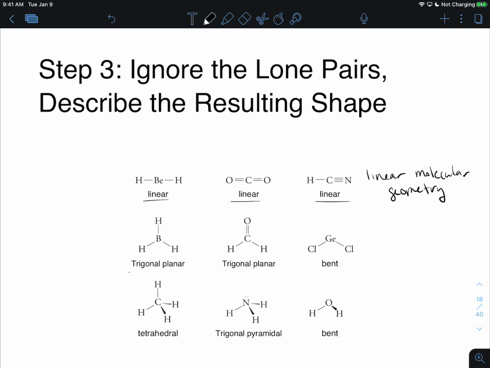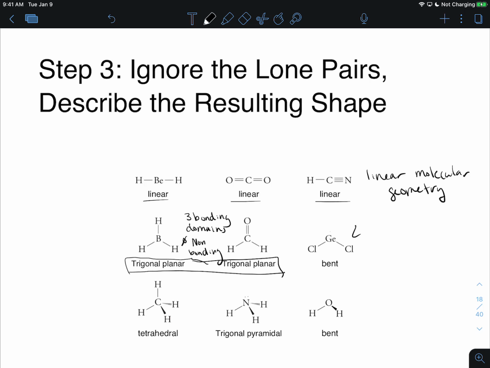For the next one, we have 2 that have 3 bonding domains and 0 non-bonding. So if you have no non-bonding, your molecular geometry is going to be the same as your electron domain geometry. So both of these are trigonal planar.